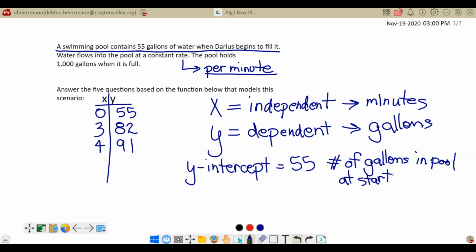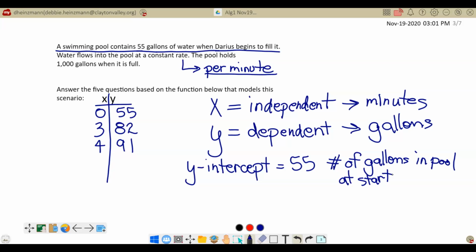At 3 minutes, you've got 82 gallons. And at 4 minutes, you've got 91 gallons. You can clearly see that this starts at 55 and it just keeps going up. So no, we don't have to worry about the x-intercept in this problem. It doesn't tell us anything. We're not going to have one.